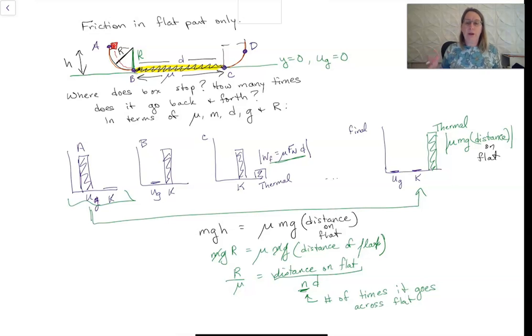So if it goes 2.5 times, that would be 2.5. So you really just need these two numbers for this particular setup, and you can get at everything else that you need, which is really nice. It's a lot less complicated than it looked like when we were starting this problem.